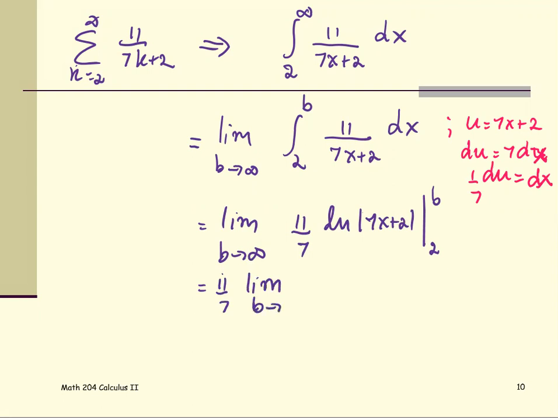Limit as b approaches infinity. Replace the upper limit b to get natural log (7b+2), subtracted by the natural log of 7 times 2 plus 2, which is 16.